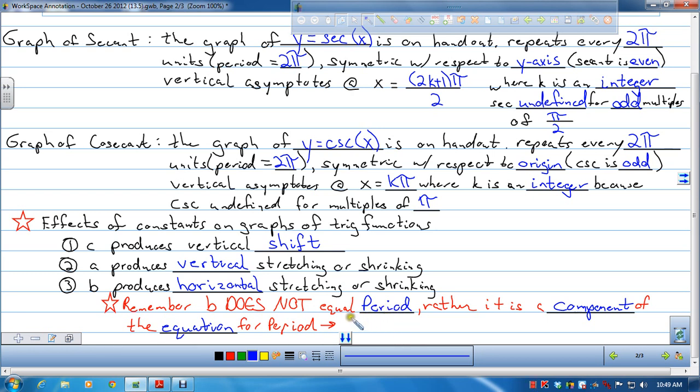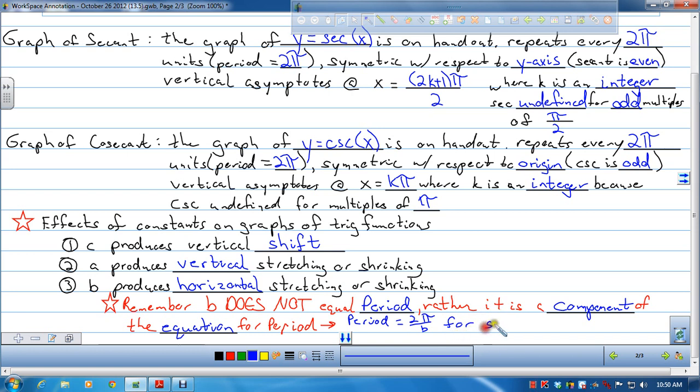And remember that equation for period is going to be different now because it is dependent on what the normal period of that graph is. So the period will equal 2 pi over b, and that will be for all of the trig functions whose regular period is 2 pi.